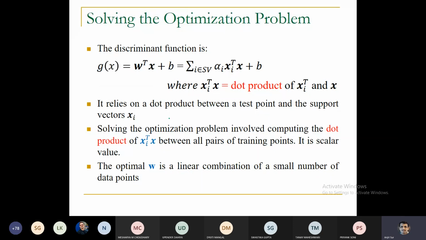So this is the discriminant function of a linear support vector machine.